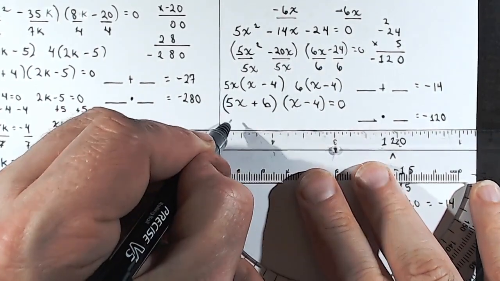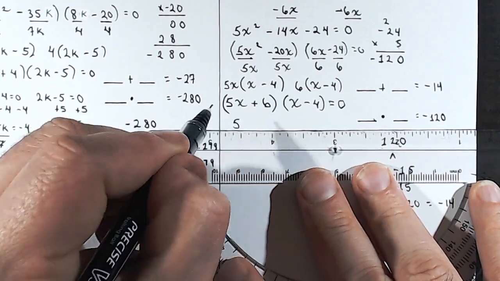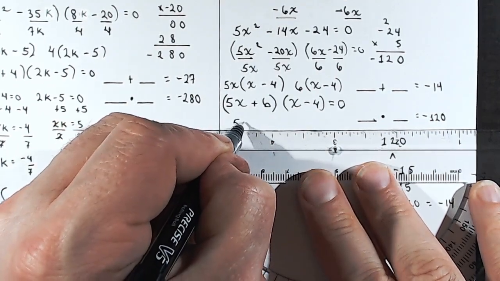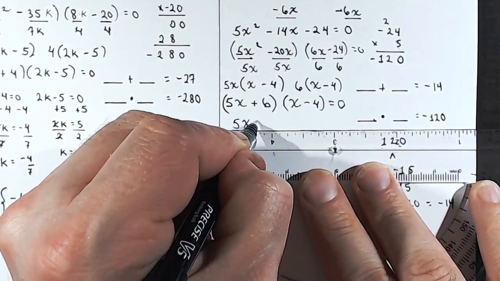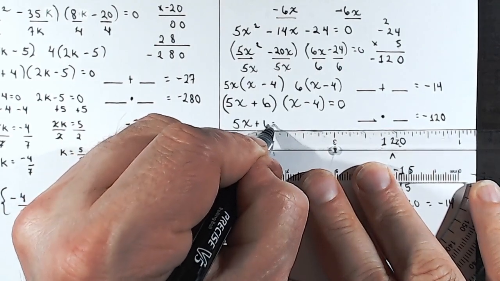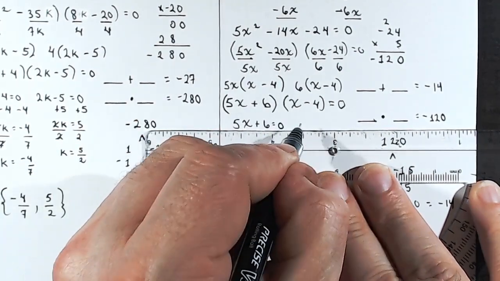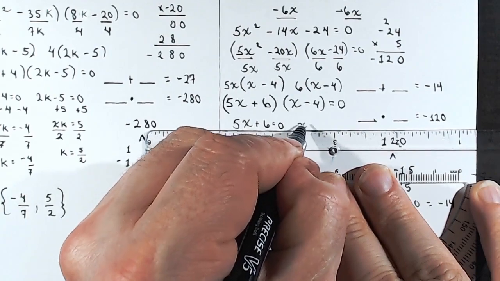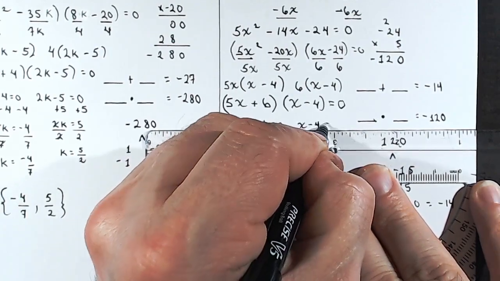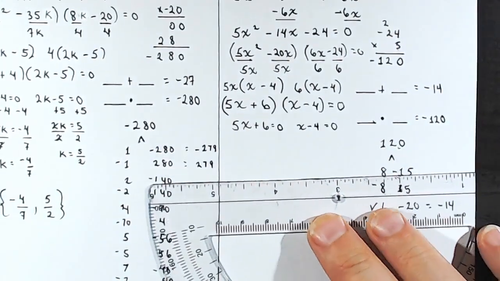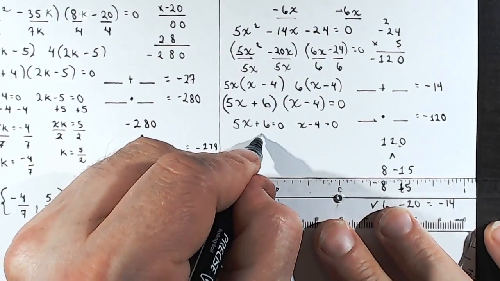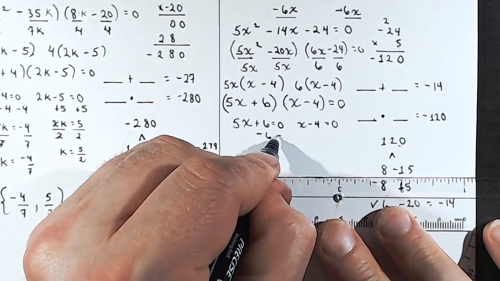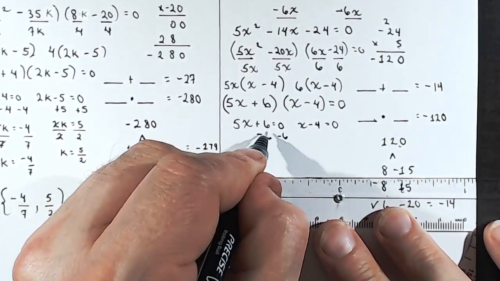Now we'll set each factor equal to 0 and solve for x. So 5x plus 6 equals 0, and then x minus 4 equals 0. Again, we're going to have these rational solutions here, rational meaning fractions.